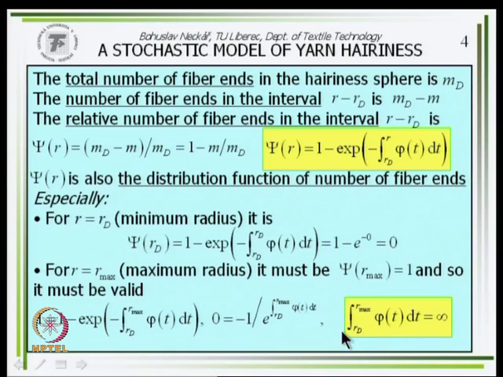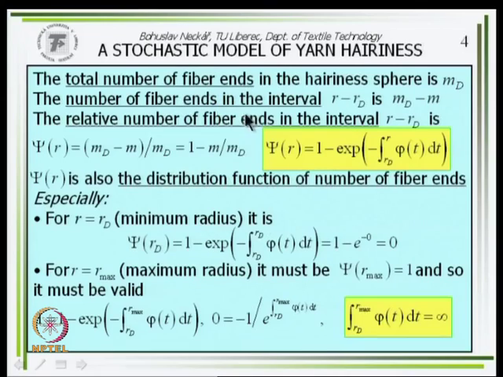The total number of fiber ends in the whole hyannis sphere is md. Now evidently, each fiber which starts on the yarn body surface must also end in our space. So the total number of fiber ends in the whole hyannis sphere is md.